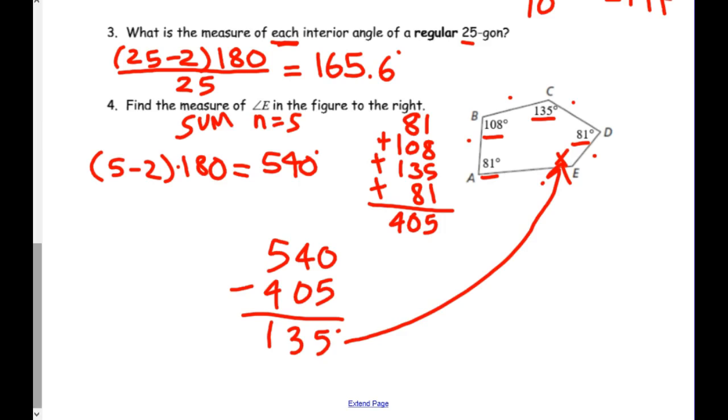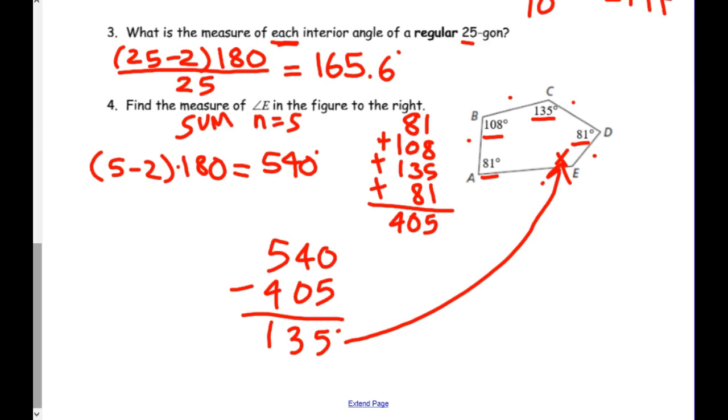Okay. So that's what you're going to be doing on the assignment today. Not necessarily like the last one, but make sure you read the instructions carefully. The front side says sum, n minus 2 times 180. The back side says 1 interior angle, okay? So when it says 1 interior angle on the back, I want you to write each, okay? That's the each.